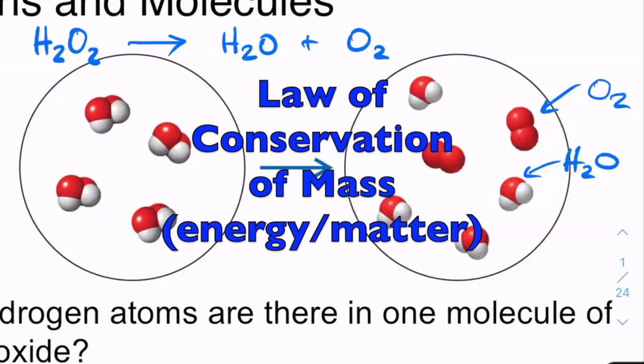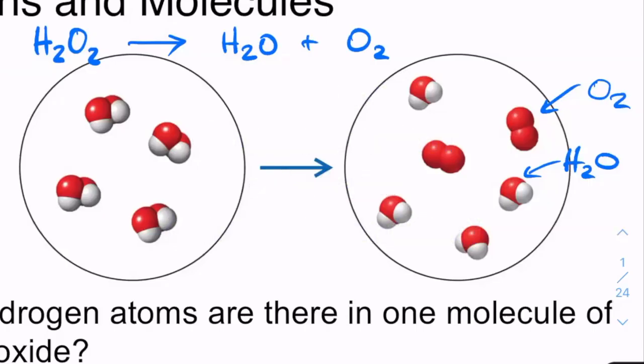Okay? So everything that we're going to do in this class, and if you continue along next semester, of all the reactions, we have to obey. You must obey the law of conservation of mass and energy. In a chemical reaction, you can't create or destroy matter. You can't create or destroy energy.